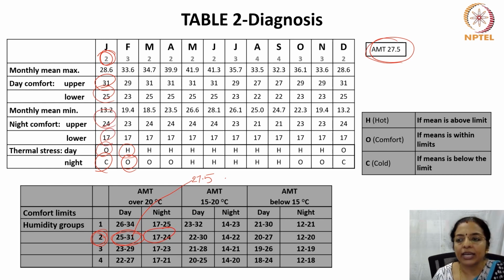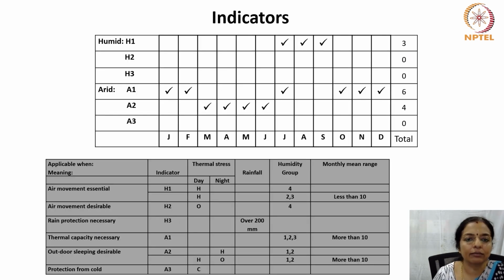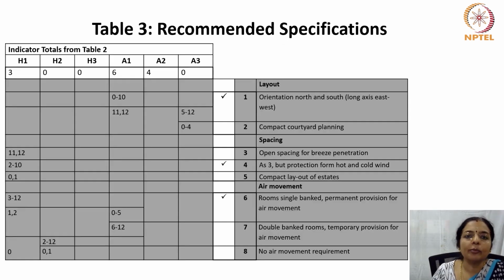And I will do the further calculations as I had shown in the previous. Then based on this, I am doing the indicators also. So after I do the indicators as I had already demonstrated, we go for recommended specifications.